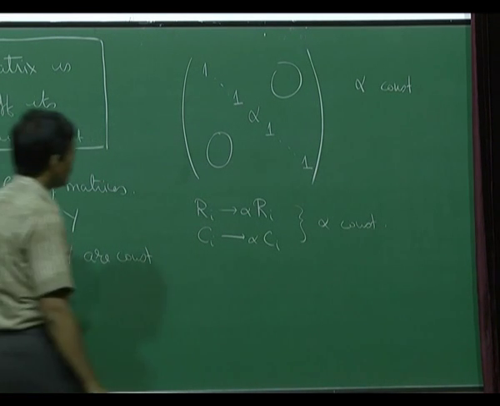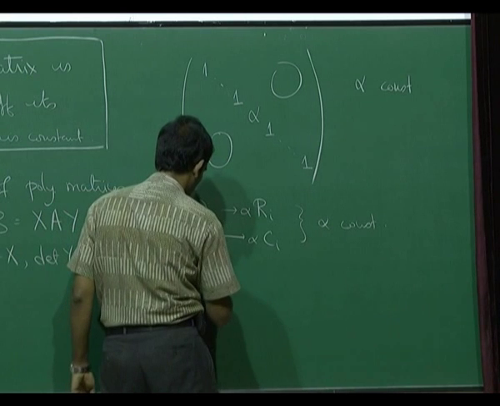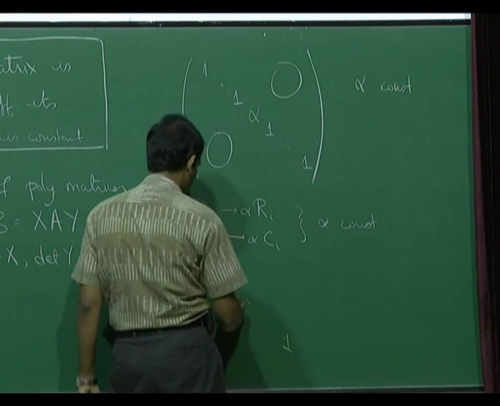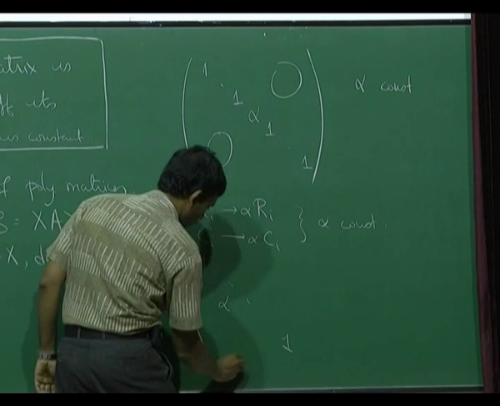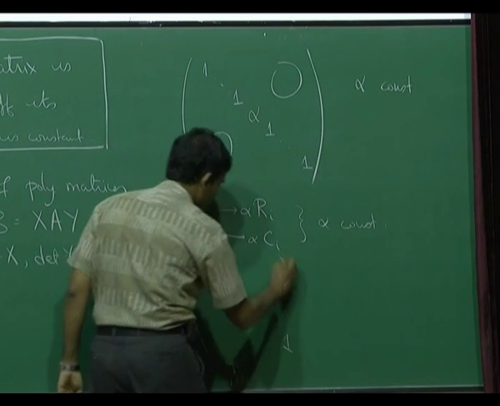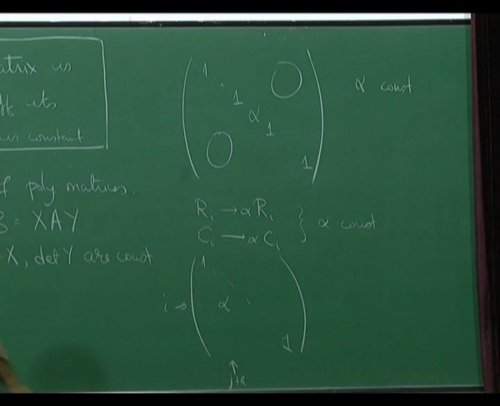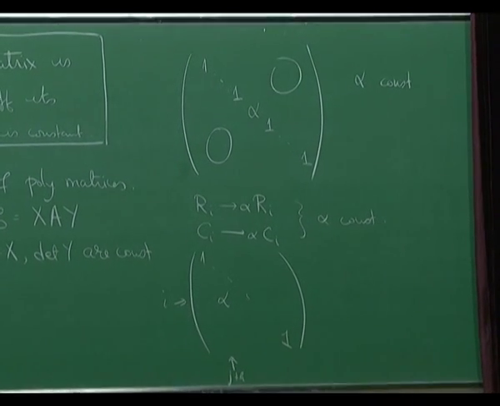Now, let us look at the other operation we had: ones on the diagonal and then we had alpha somewhere in the ith row and jth column. What about this matrix? When is this invertible? What is its determinant? 1. So, it is always invertible. Alpha can be any polynomial.